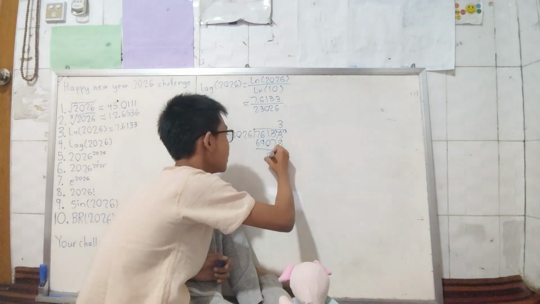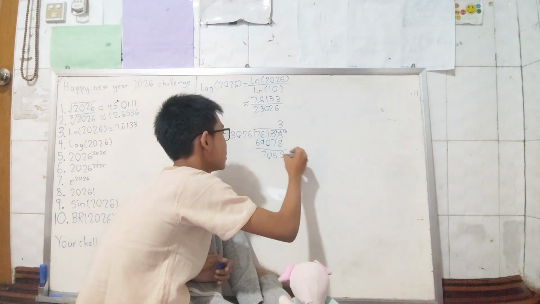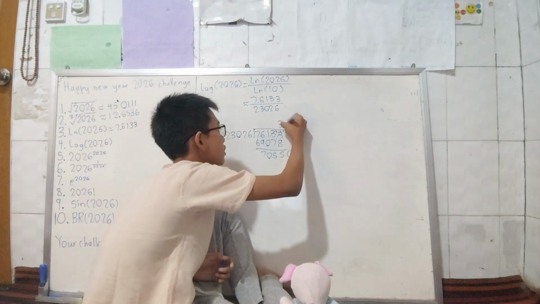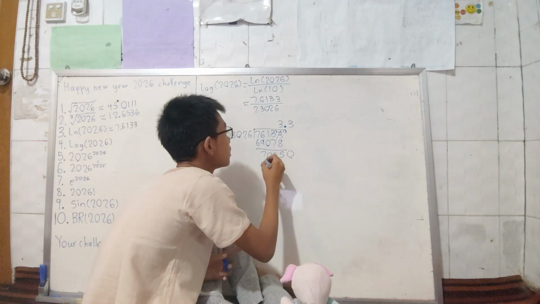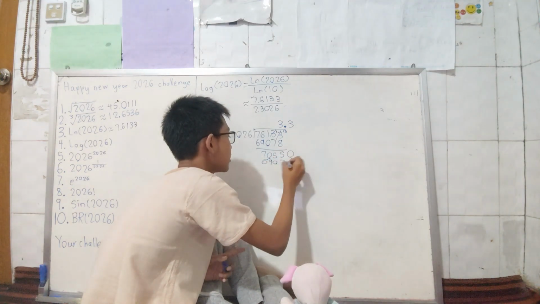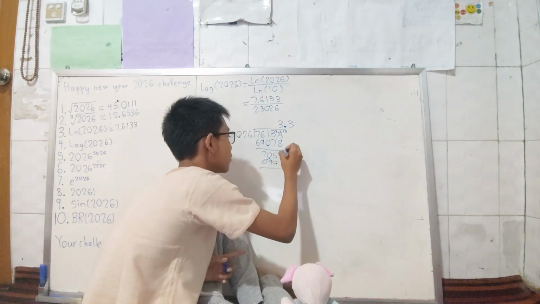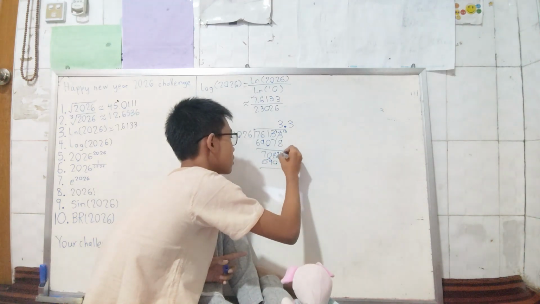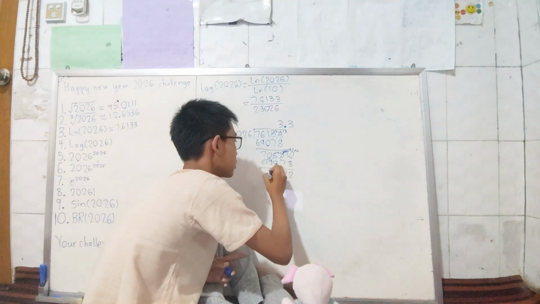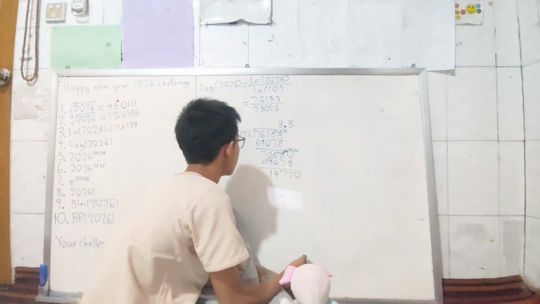That's going to be 5, 7, 3.3. It's going to be 69078, 4, 10, 2, 14. That's going to be 7, 1, 0.